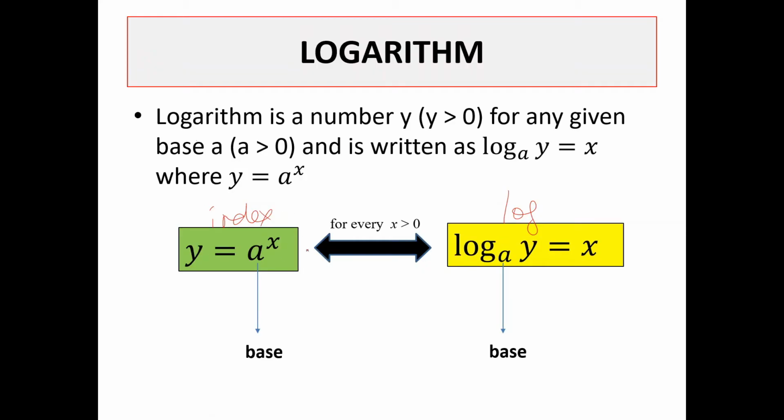For this equation, y equal to a to the power of x, as we have learned before, clearly a is the base. So for the log form, log y base a equal to x, the smaller letter here represents the base.